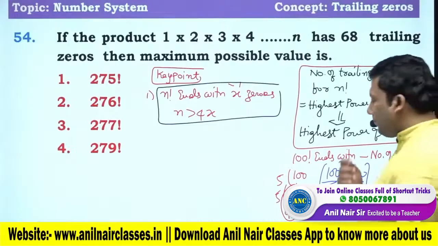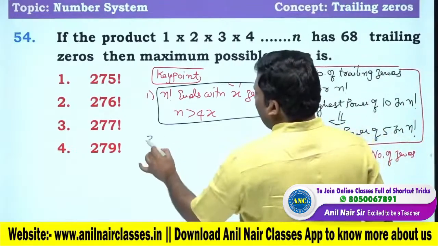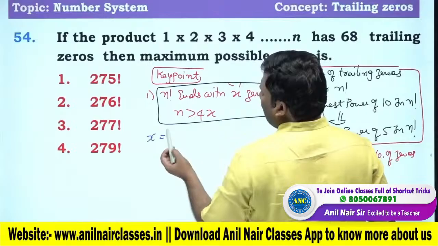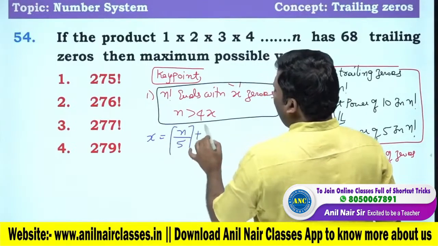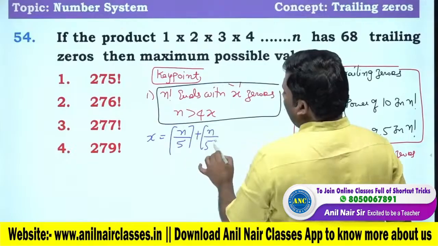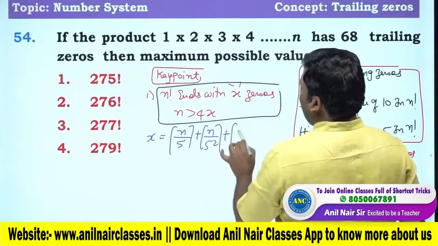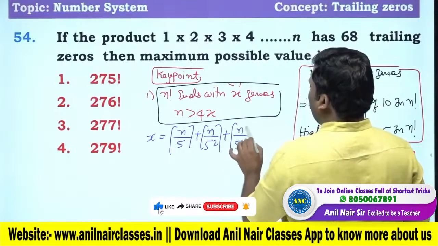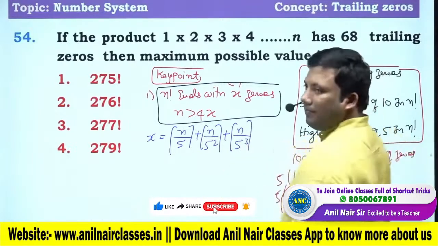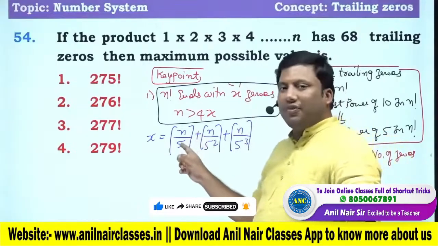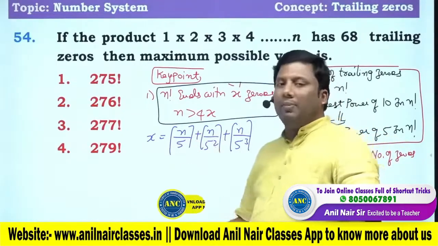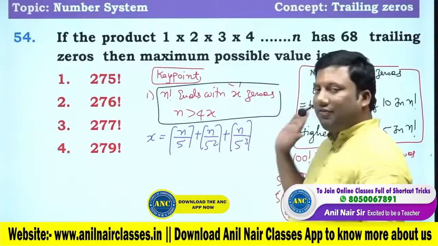That means, how to get the number of zeros at the end of a factorial? First divide by 5, then divide by 5 square, then divide by 5 cube. Keep on dividing till you cannot divide further. Suppose n is 75: 75 by 5, 75 by 25, you cannot divide further.